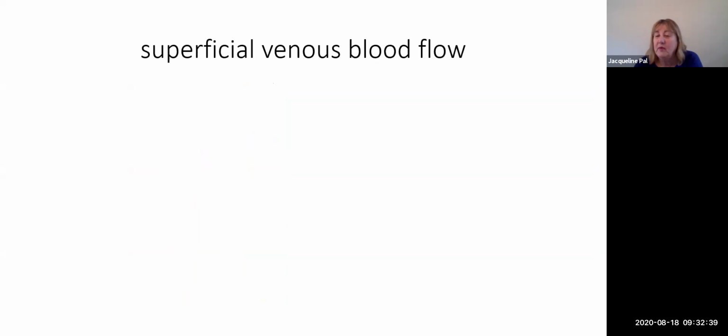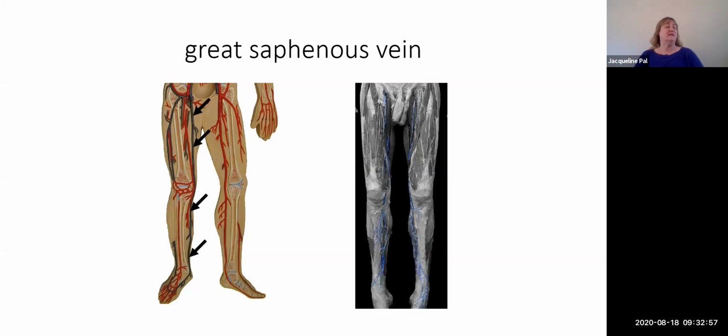So blood flow in the lower extremity on the venous side is very similar to the upper extremity in that we have a superficial venous layer, which then drains into a deep layer. So as far as the superficial venous blood flow goes, we're going to learn one blood vessel, but interestingly enough, this is the longest blood vessel in your entire body.